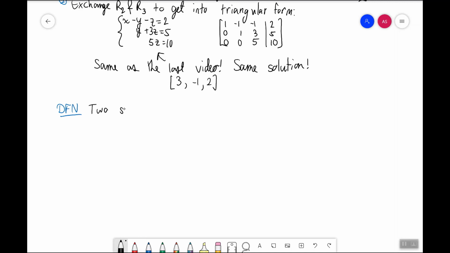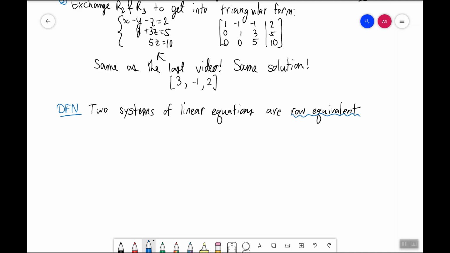Two systems of linear equations are row equivalent if they have the same solution set.